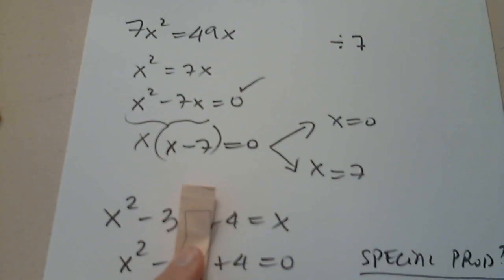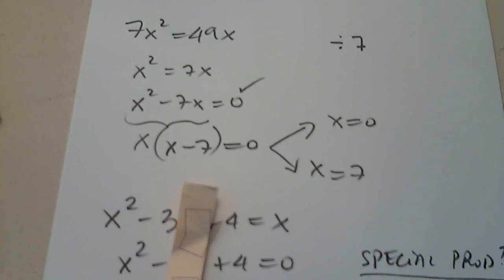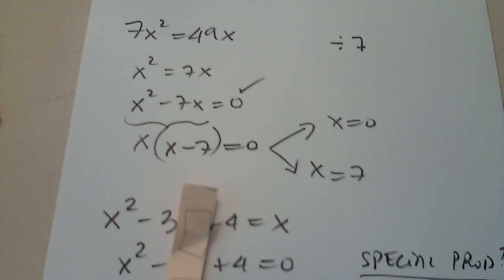What is the middle term in this expansion? Anybody remembers how do we calculate the middle term here? I repeated the formula several times today. What is the middle term of this expansion? Negative 4x.